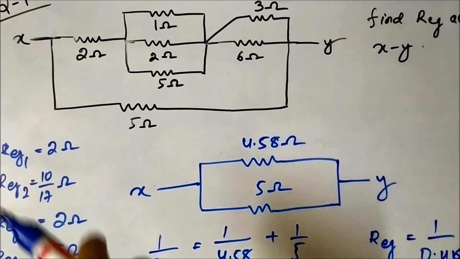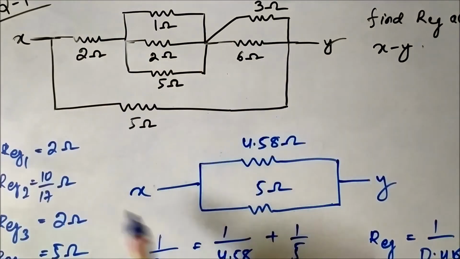And when you practice more and more questions on equivalent resistance, you will develop the habit, and just by looking at the circuit you can easily determine whether a group of resistors are connected in series or parallel, and how we can simplify the circuit in a very easy way. So this is the first question. Now let us take another one.